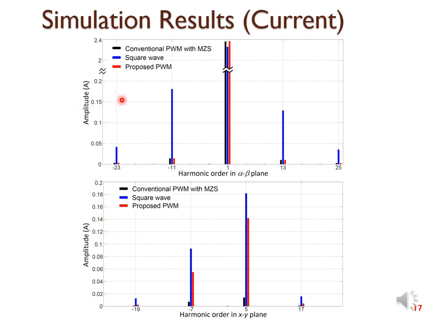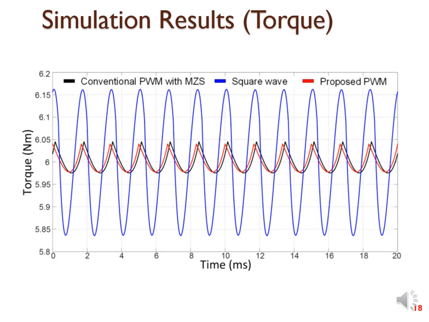On the other hand, in the alpha-beta plane, the harmonics of the proposed PWM are as low as for the conventional PWM, whereas the harmonics of the square wave are very large in this plane, leading to torque ripple. Such a statement is corroborated when we show the waveforms of the torque ripple, where we can see that it is much larger for a square wave in blue than for the other methods in red and black.